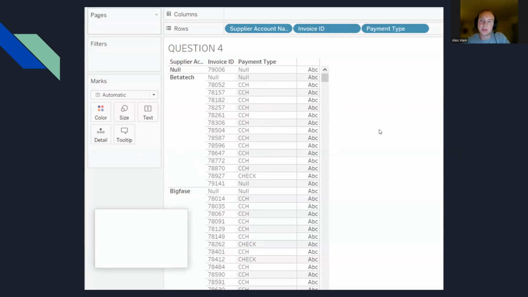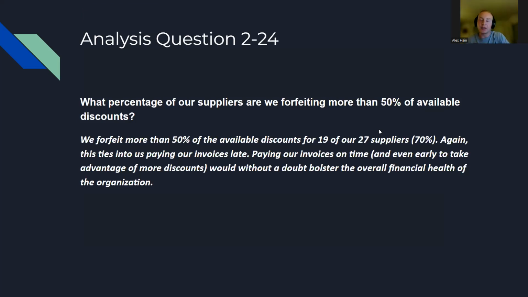The last question I had was, for what percentage of our suppliers are we forfeiting more than 50% of available discounts? This ties back to what I said before: not taking advantage of those discounts, I think, is silly. So I wanted to see how many of our suppliers we're doing that on, and whether we're forfeiting a lot of the available discounts.